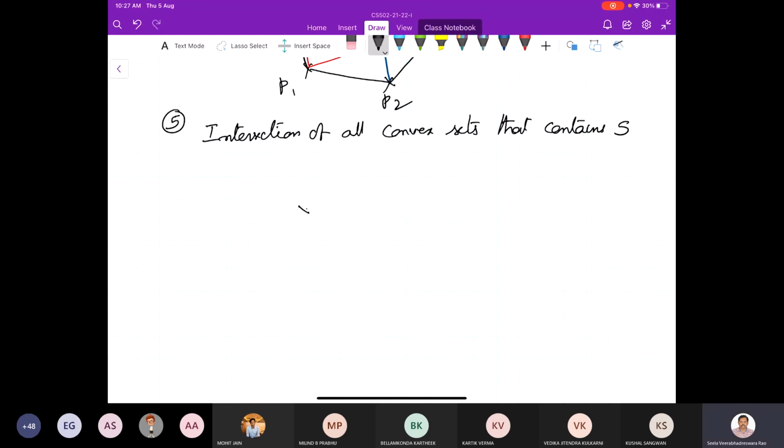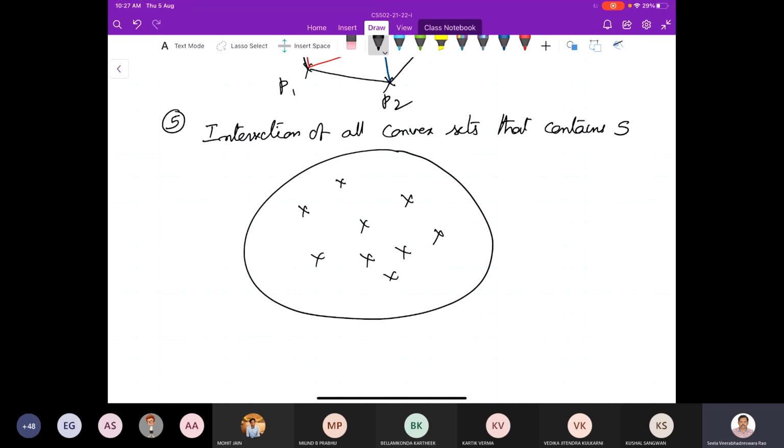So we have some set of points. Let's consider this circle or an ellipse which encloses all of them. Of course, this is neither a circle nor an ellipse, but this is a convex object, and it encloses all the points.